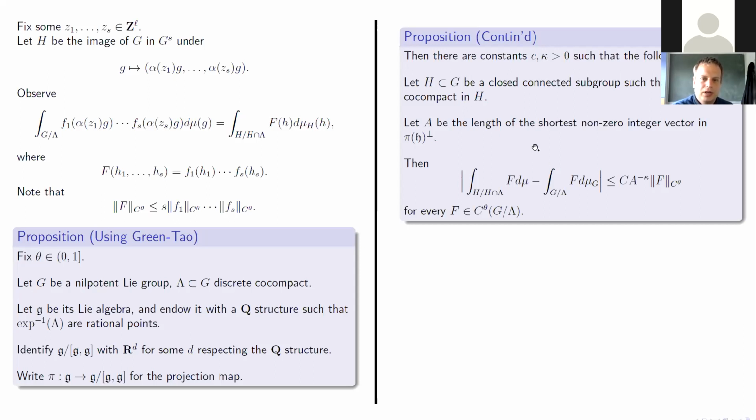What's more complicated is to do the general nilmanifold case, and that relies on some results of Green and Tau on polynomial progressions in nilmanifolds.